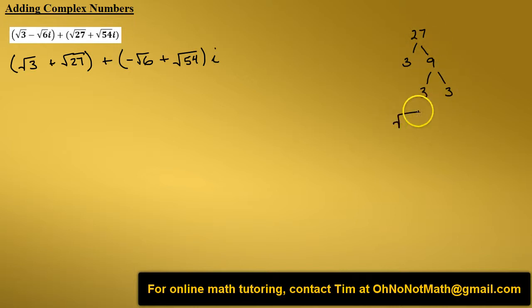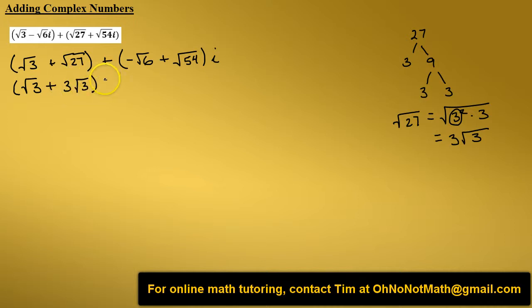So we can write the square root of 27 as the square root of 3 times 3, which is 3 squared, times 3. Since the square root of 3 squared is 3, I can pull that 3 outside of the radical. So I have 3 times the square root of 3. So the square root of 27 equals 3 times the square root of 3.